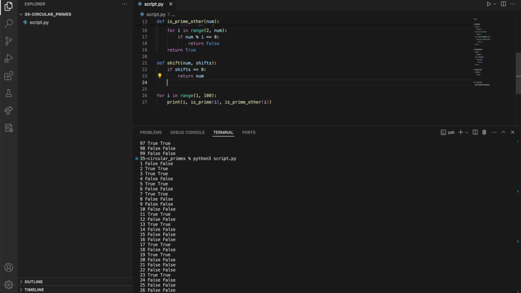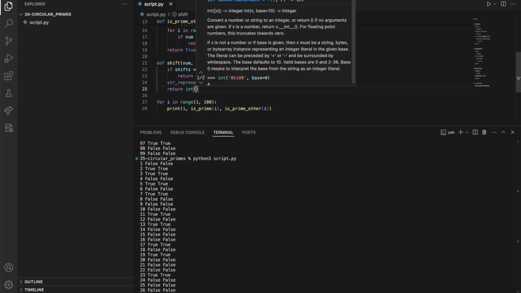And then for however many times we're shifting, we can first declare a string representation of the number so that we can use indices. And then we're really just trying to take the last shift number of digits, and we're putting at the end of that the first shift number.